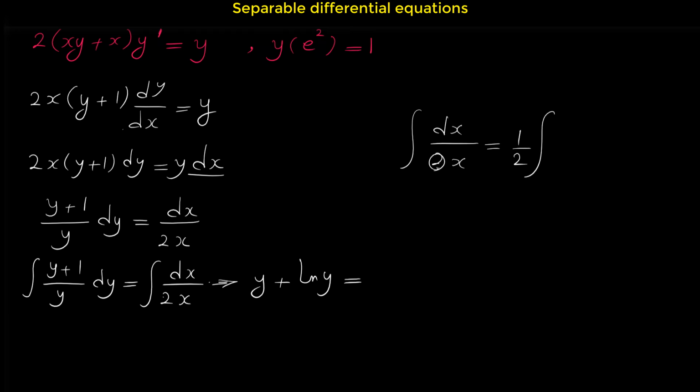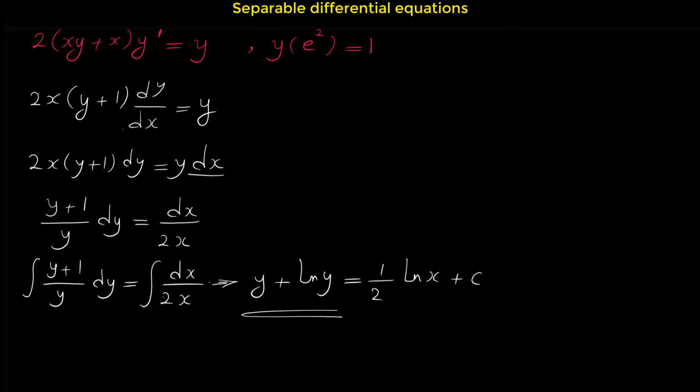We can bring 1/2 outside of the integral of dx over x, and the integral of dx over x is ln of x. So the integral of the right side is 1 over 2 ln of x, and don't forget to add c to the left or right side of your equation. Usually we add c to the right, to the side that x is on.